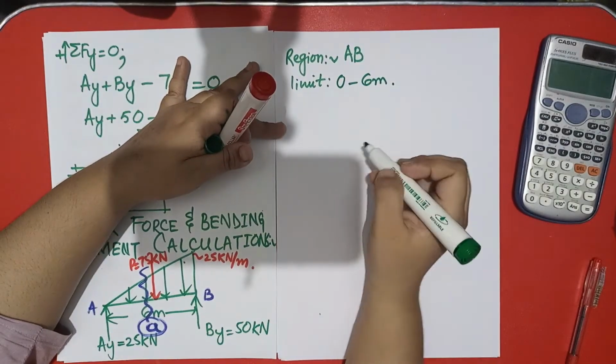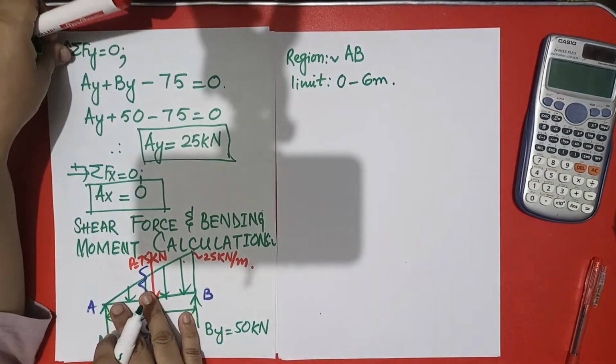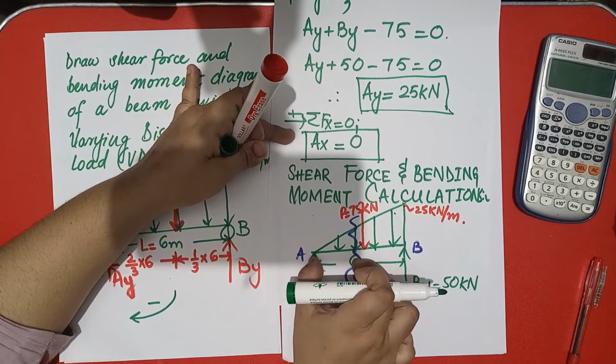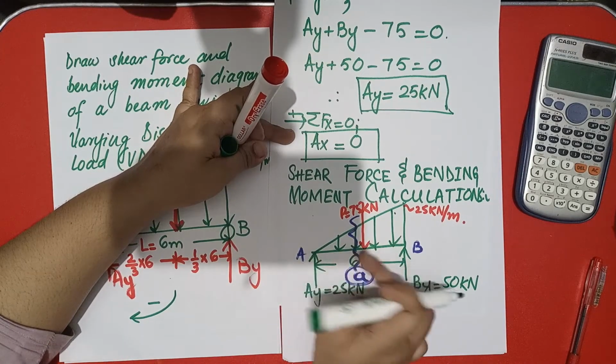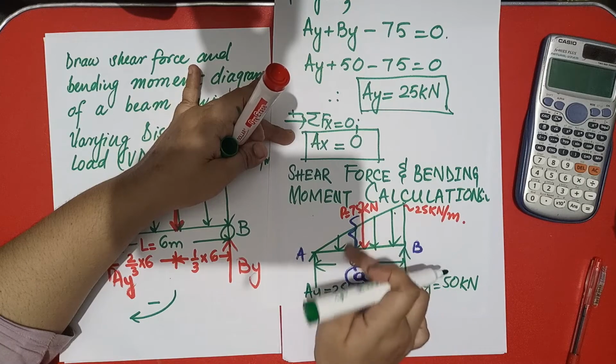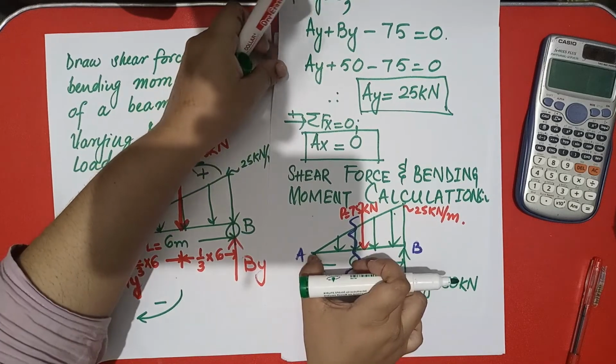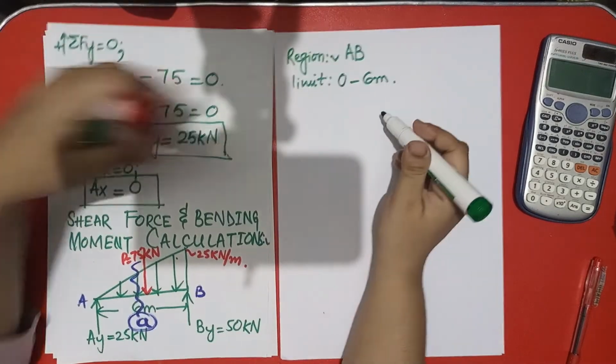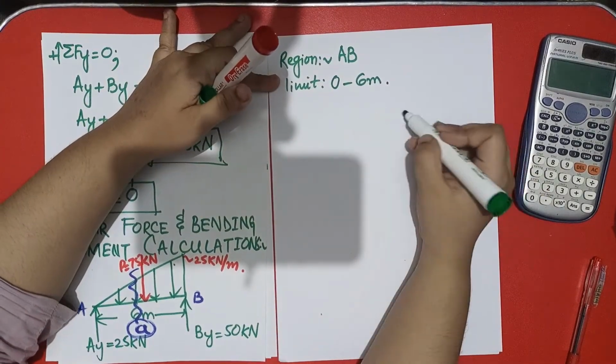Now when I cut the section, I am taking this piece, this triangle, and obviously the point load will not lie over here, because I am taking it at distance x, not at 6 meter. Let me show you here.